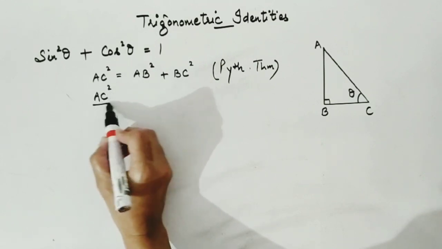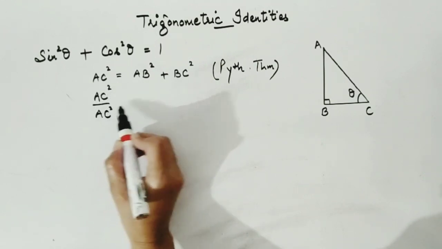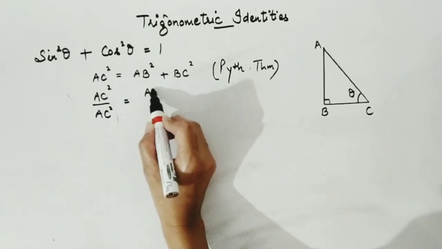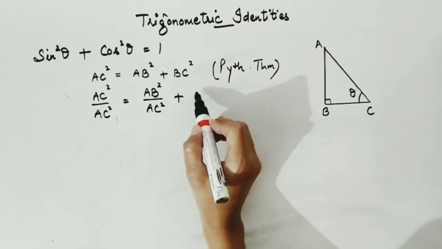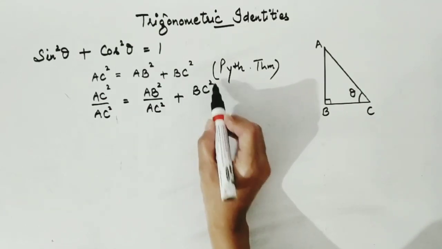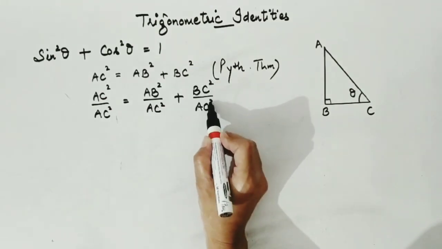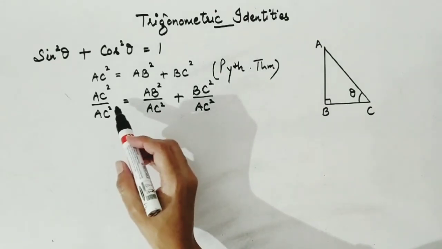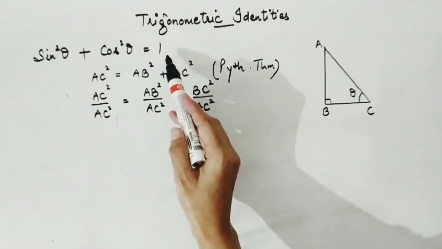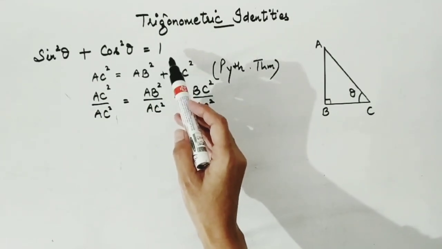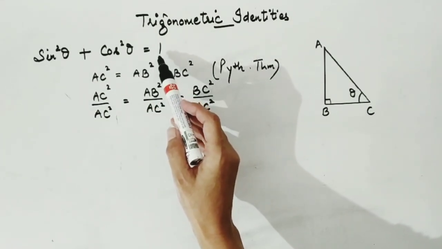Next, if I divide both the sides by AC square, AC square is divided by AC square, AB square divided by AC square, BC square divided by AC square. Now why did we divide by AC square only? Look at this complete equation. It has 1 on the other end.